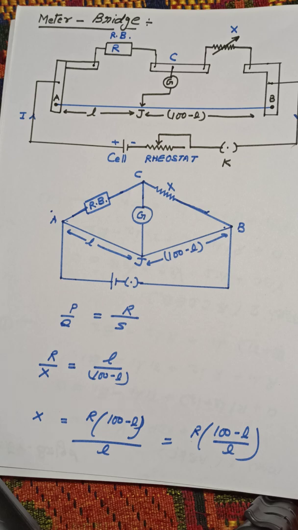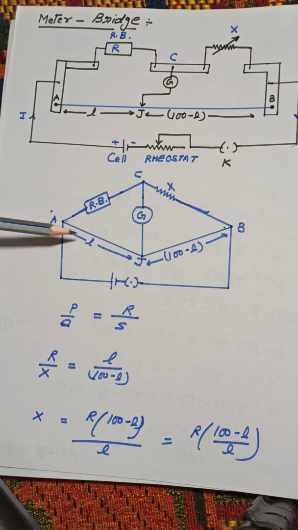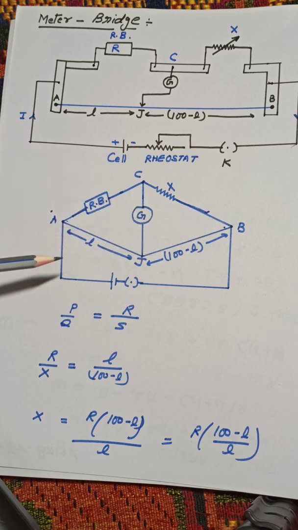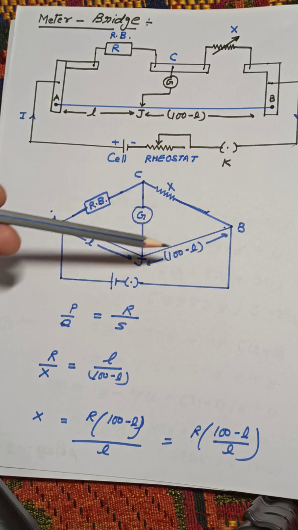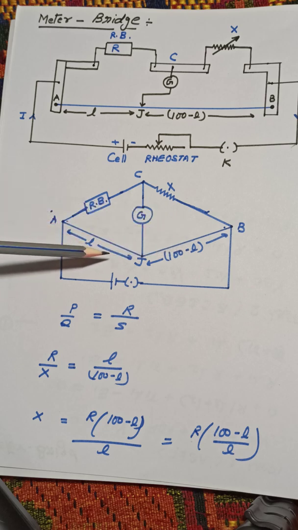Since the bridge is balanced, the resistance P upon Q will be equal to the resistance of AJ upon the resistance of JB. P upon Q equal to R upon S. This is resistance R, this is resistance X. Since they have uniform cross-section area, they will have uniform resistance per unit length.